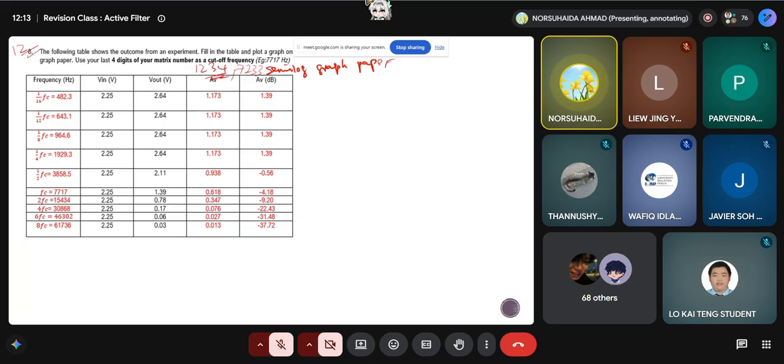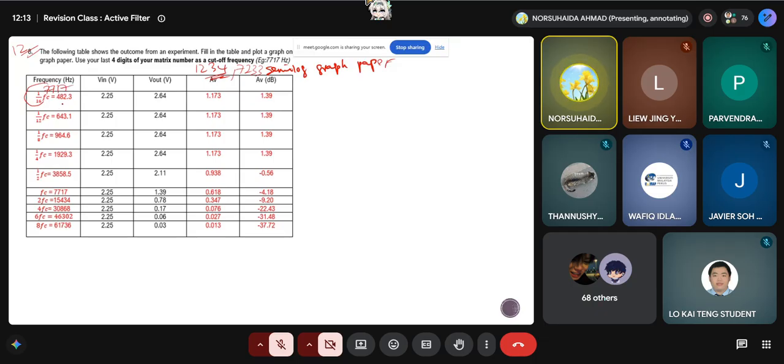Every one of you, for this case, is supposed to have a different value, right? So from that, you already have your cutoff frequency equal to 7717 hertz. Then calculate this value: 1 over 16 times FC, which is 7717.